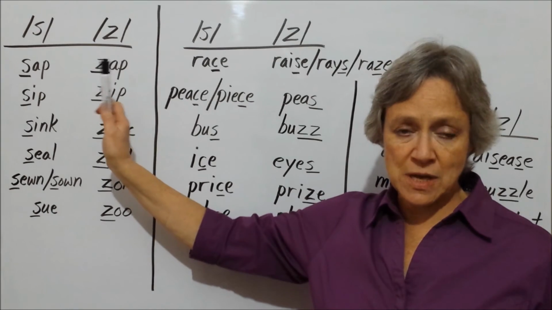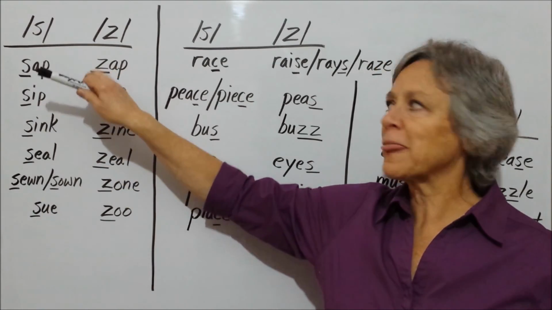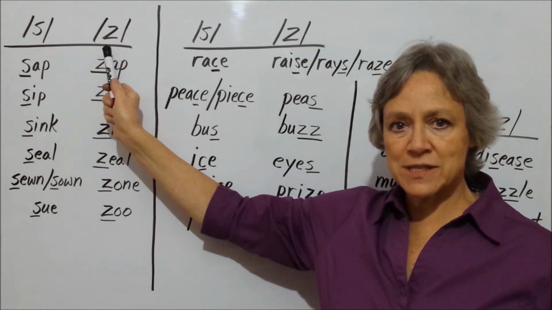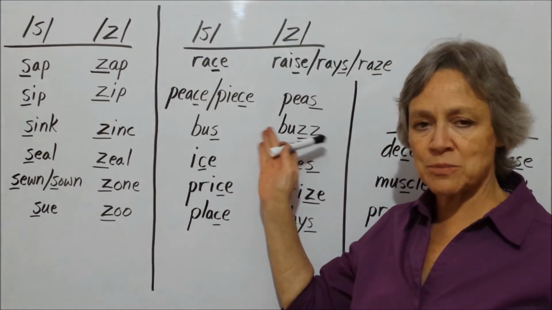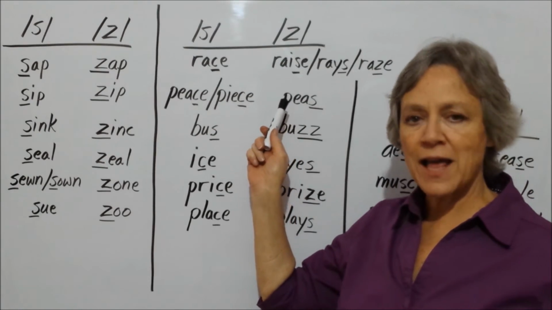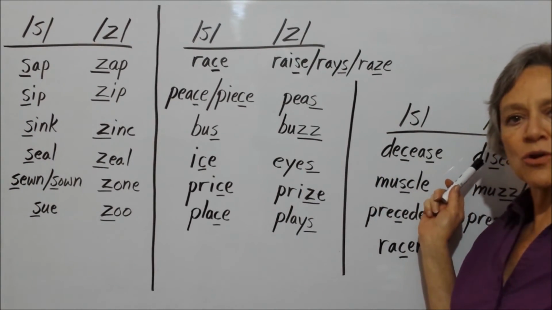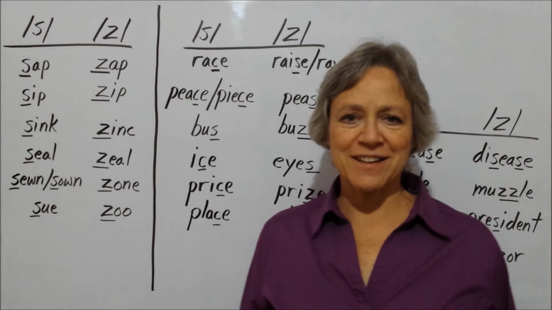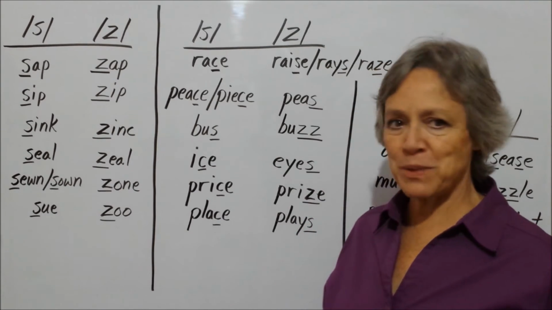So the rest of the sounds in the words are the same for each pair. The words in these two columns have either s or z at the beginning of the word. The words in these two columns have s or z at the end of the word. And the words in these two columns have s or z in the middle of the word. So please listen and please practice saying these with me. Please repeat after me.